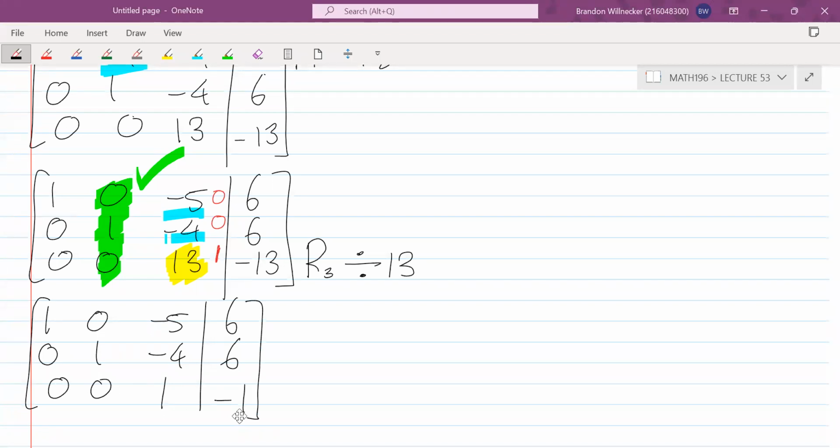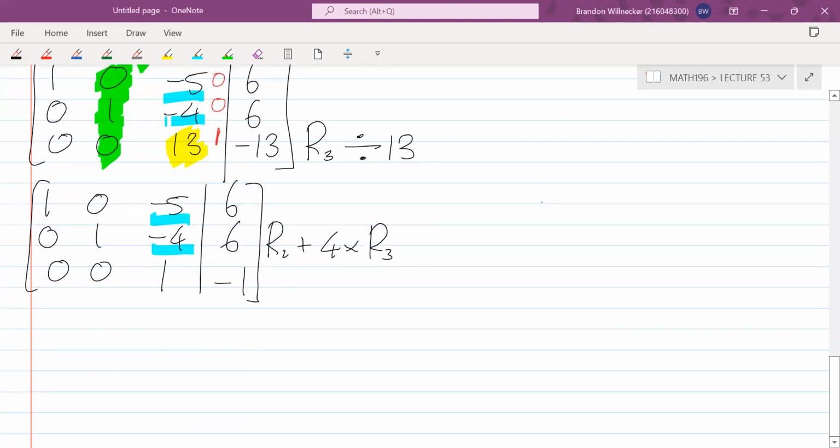Okay, almost done. Now it's just these last numbers here, the minus 4 and the minus 5. We need those to be zeros. So let's do the minus 4 one first. So we can take row 2 and add 4 times row 3. Okay, because then the minus 4 plus 4, that's going to cancel, and we get the 0, which is what we wanted.